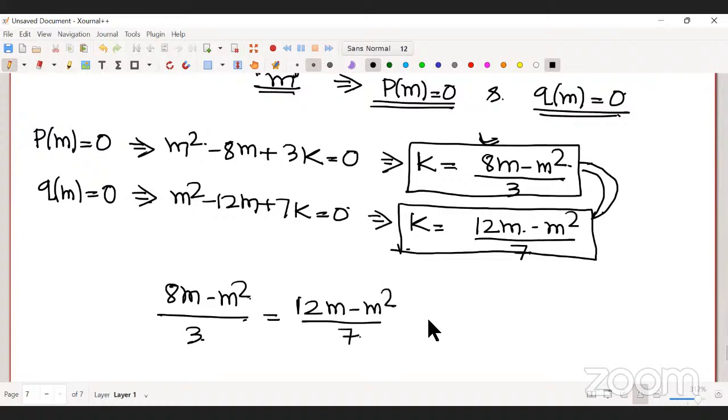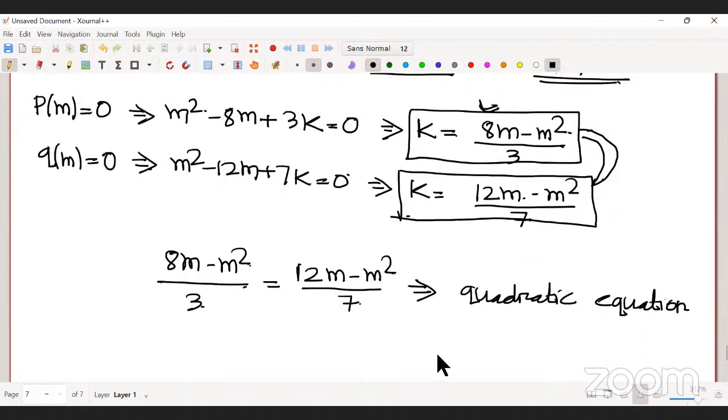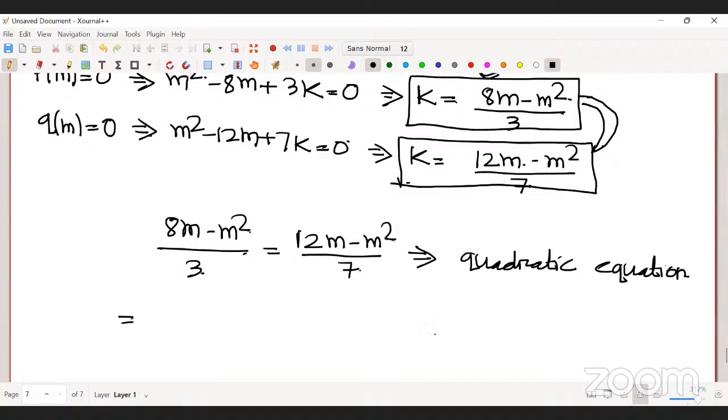Okay, so now if you multiply 3 and 7, then you will get a quadratic equation, right? You will get a quadratic equation and you have to solve that quadratic equation. So what basically you will do, you will multiply 7 here.